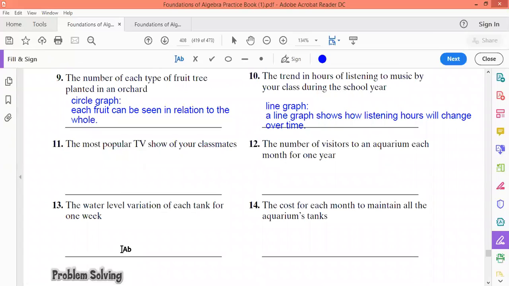Next one, the most popular TV show of your classmates. Bar graph.